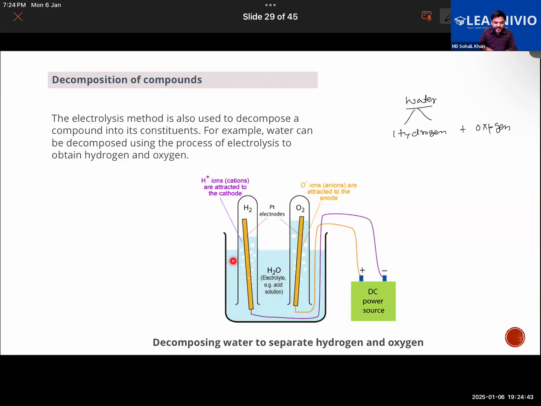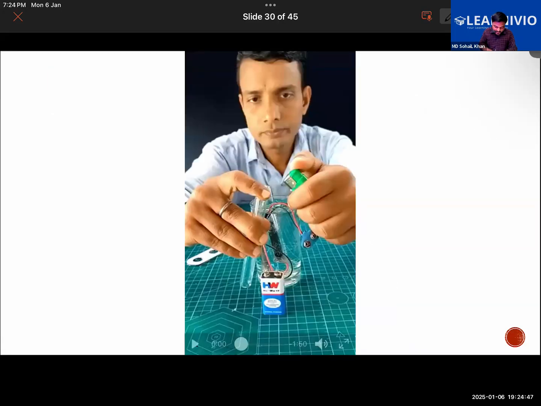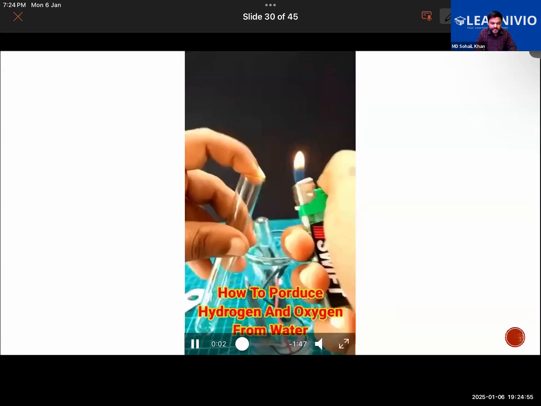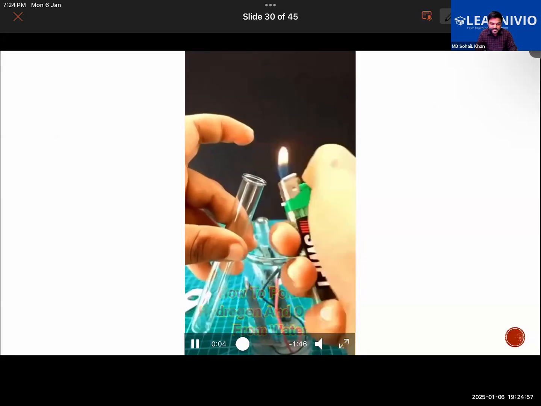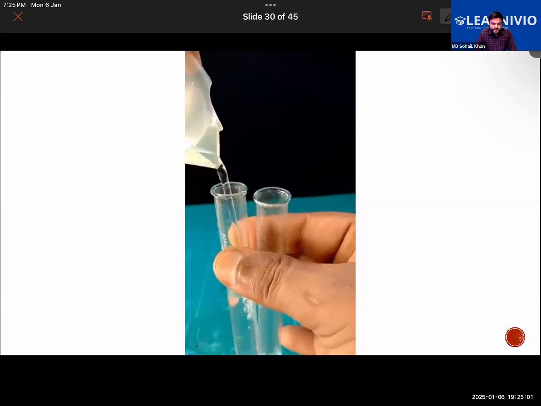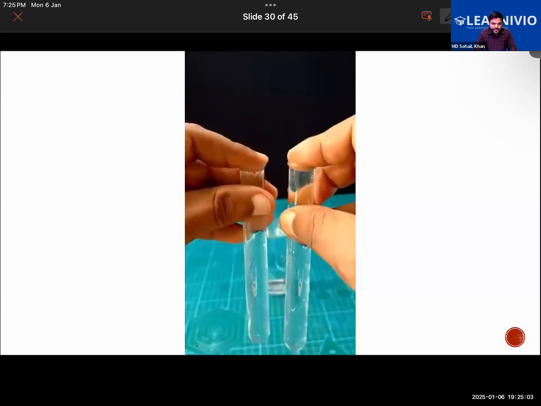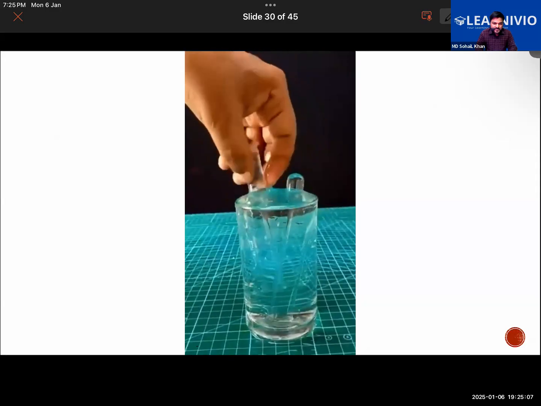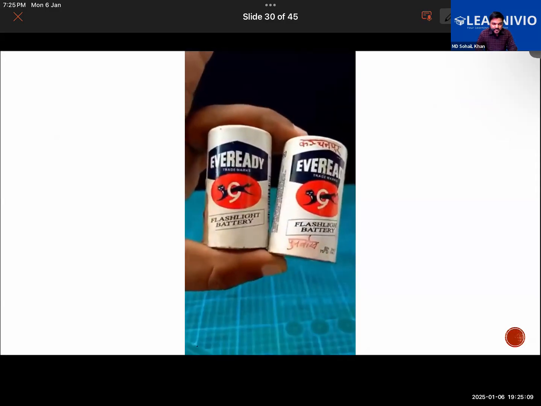So I have taken this beaker. By the way, take a look at this video once again, and that will give you a proper explanation, and you will get to know how you can make it yourself under proper guidance. Right now distilled water has been taken, but this person will be adding some acid into it.